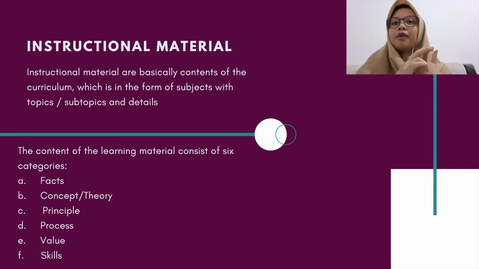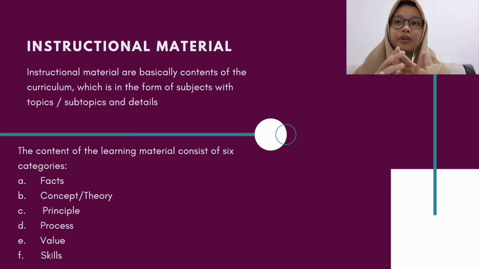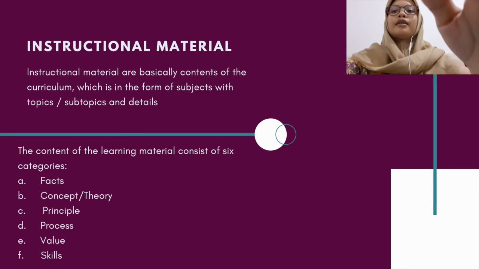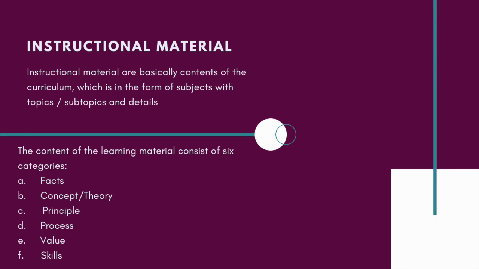Next is concept or theory. We need the theory behind it before we do the learning material. Next is principle. Principle can make the learning material more neat and also process. Lastly is value and skills.